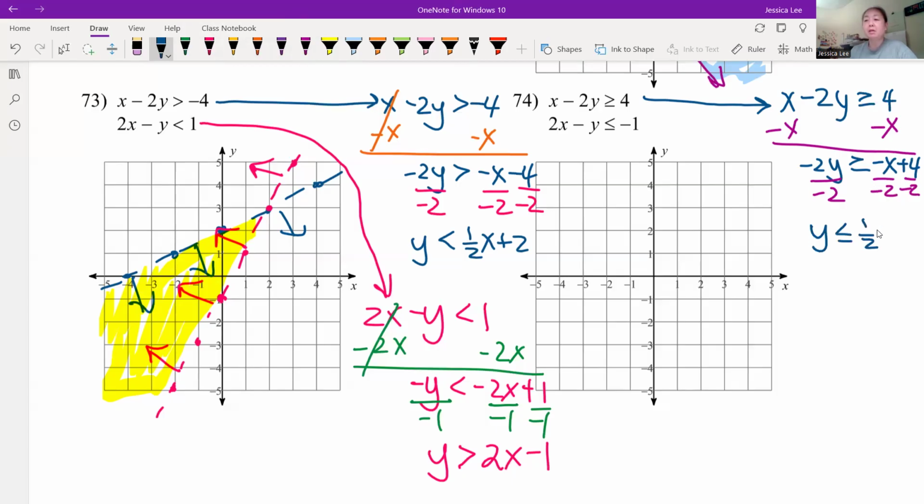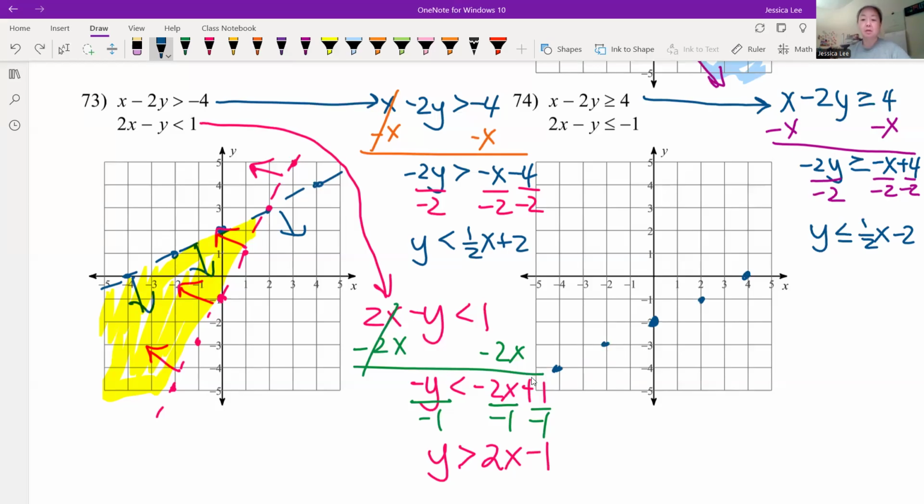We got 1/2 x minus 2. So again, we're going to go to minus 2. I guess it's slightly different because this one was a plus 2 and now this is a minus 2. But anyways, 1/2, so up 1 to the right 2. And this one is going to be a solid line instead of a dashed line.